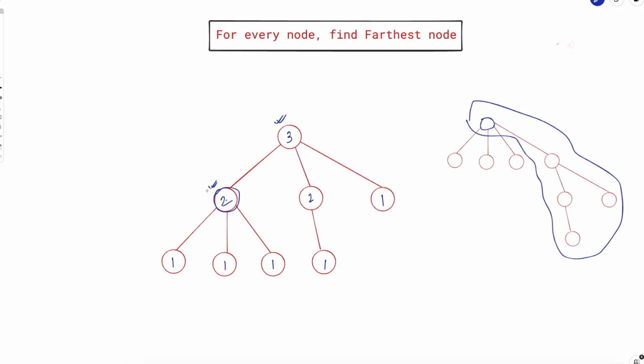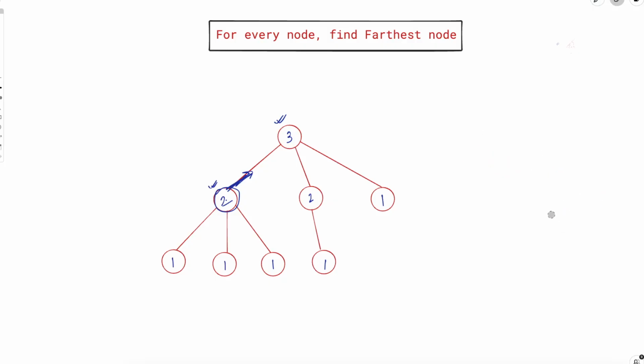And this area is everything outside of this downside, right? So if you can somehow figure out what is the farthest node going out from this node to its parent, then you can compute the farthest node for this node for this entire tree as well, right? Just to reiterate, with just one DFS, we got the farthest node from every node but to the down of it.